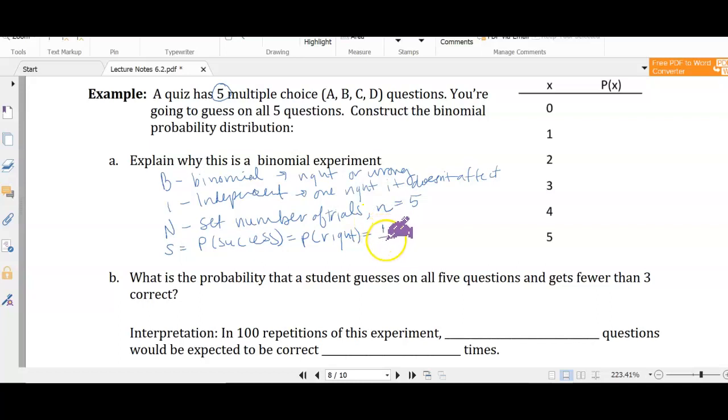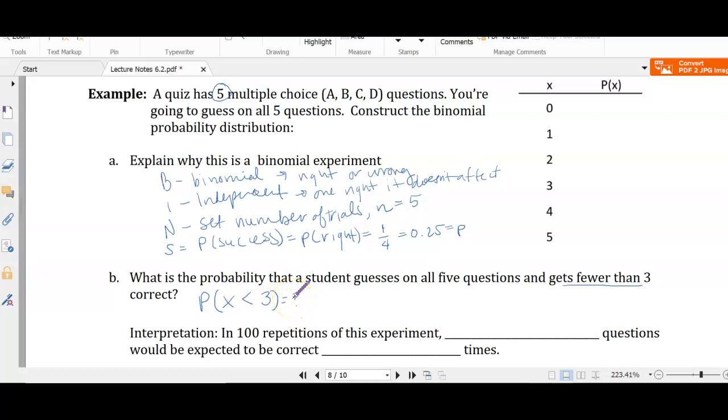So it's going to be 1 out of 4 or 0.25, and that's also written as small p. What we want to figure out is the probability that a student guesses on all 5 questions and gets fewer than 3 correct. That's what our question is.